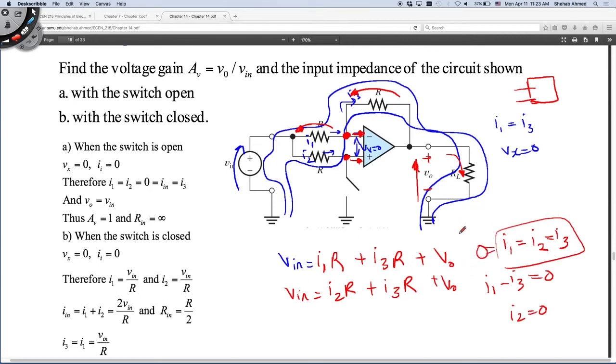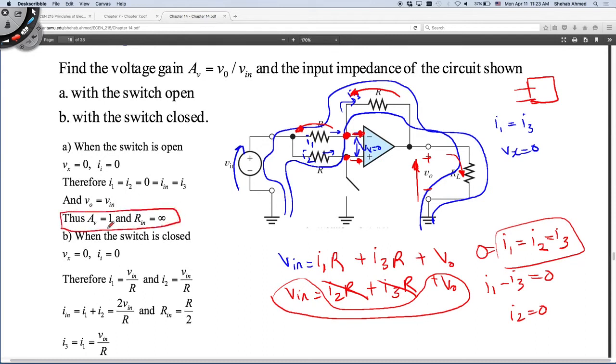So what does this tell us about this equation? This is 0, this is 0, which tells us that V input is equal to V output. So it's like the voltage follower circuit, a circuit with a voltage gain equal to 1, and an input impedance equal to infinity. Remember, input impedance was the input voltage divided by the input current.